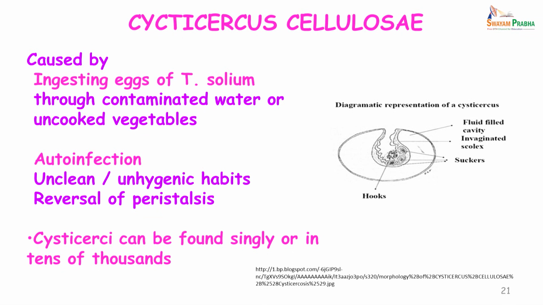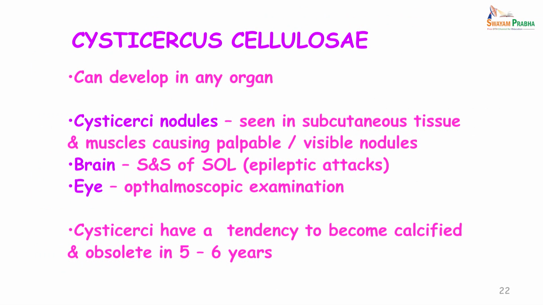Cysticerci can be found singly or in tens of thousands in the human host. Usually they develop in the subcutaneous tissue and muscles and can cause palpable or visible nodules. Subcutaneous, they are usually visible. In the case of muscle, they may be just palpable.